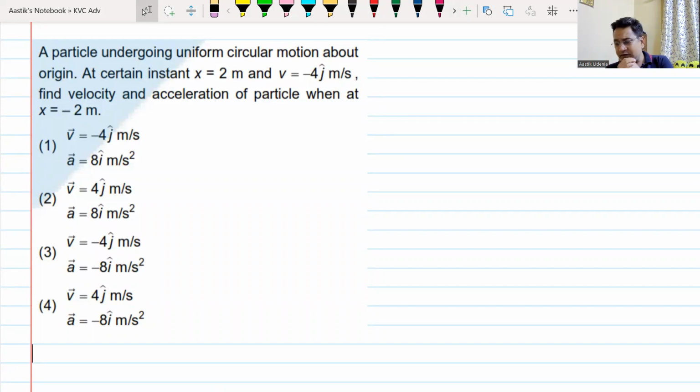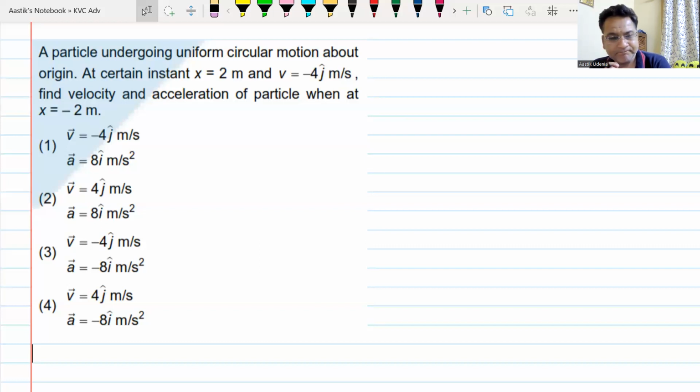A particle is performing uniform circular motion about the origin. At a certain instant x is equal to 2, V is minus 4j. What is the velocity and acceleration at x equal to minus 2? And the answer is the opposite direction.